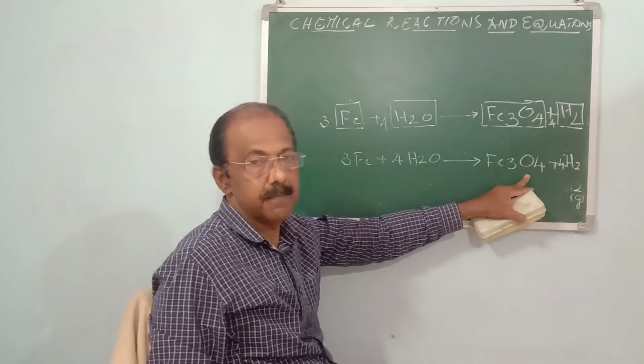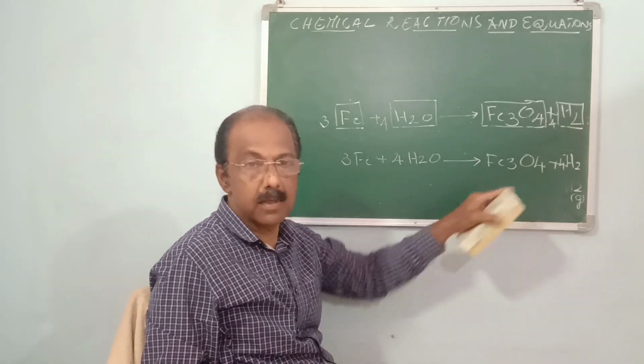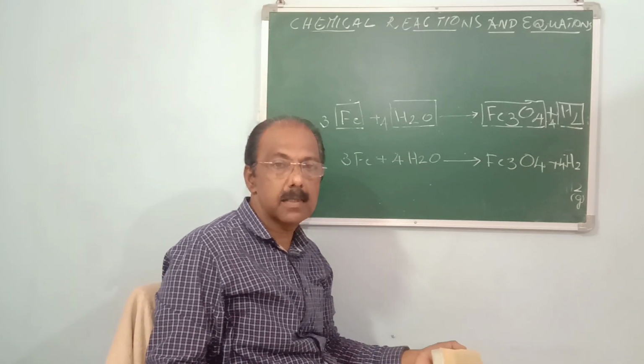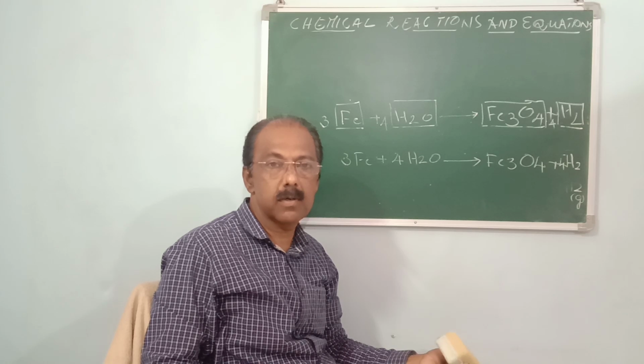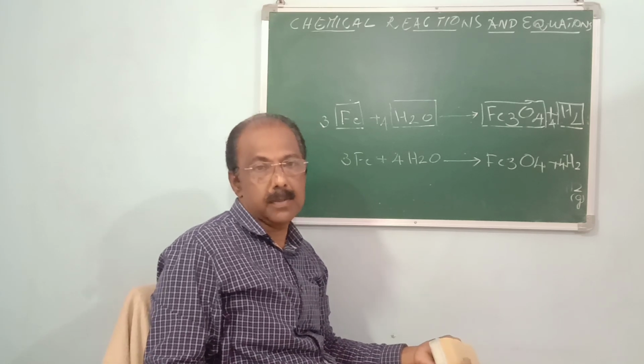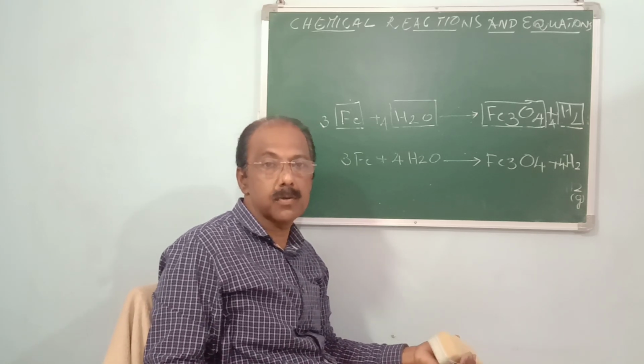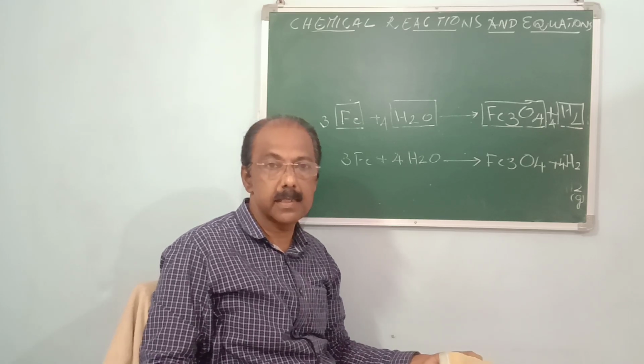Balanced equation. So earlier I told you this kind of balancing of a chemical equation is called the hit and trial method, or the trial and error method of balancing equations.